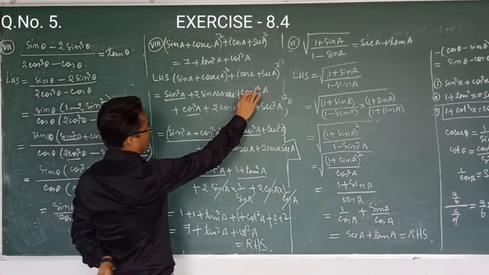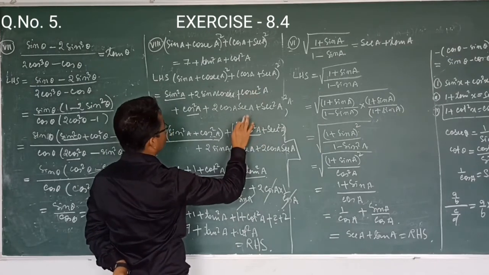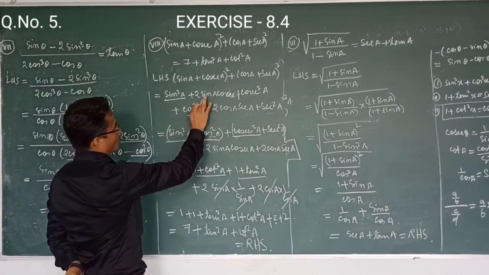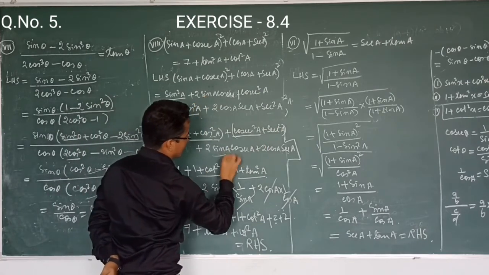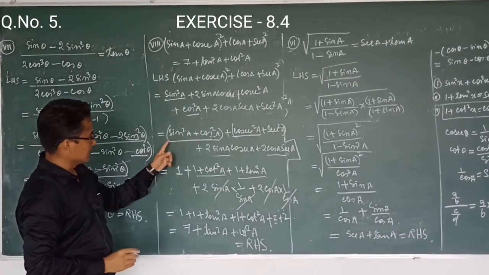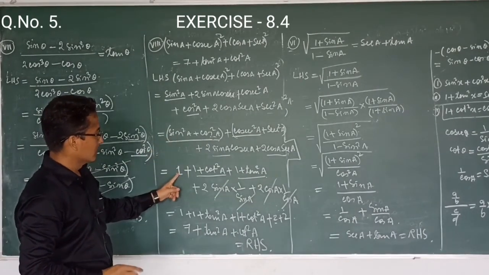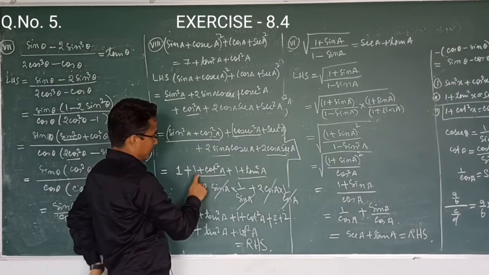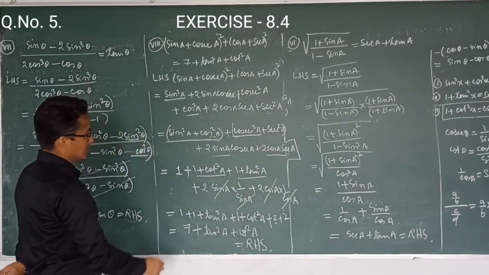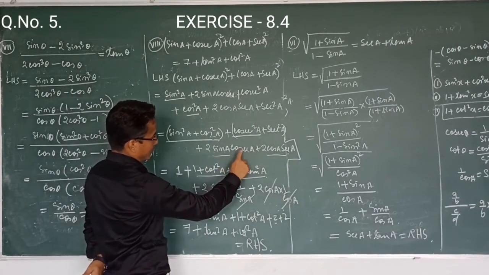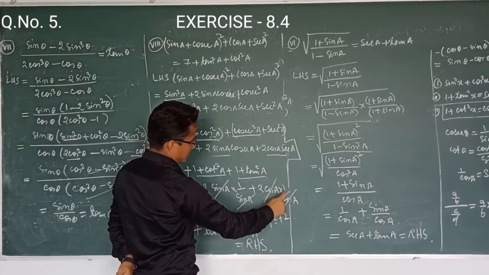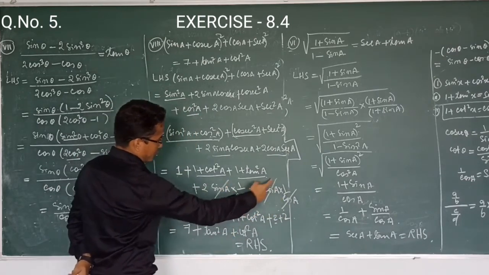Then we collect cosec square A and sec square A terms, converting them to 1 plus cot square A and 1 plus tan square A. Since cosec A means 1 by sin A and sec A means 1 by cos A, those terms cancel.